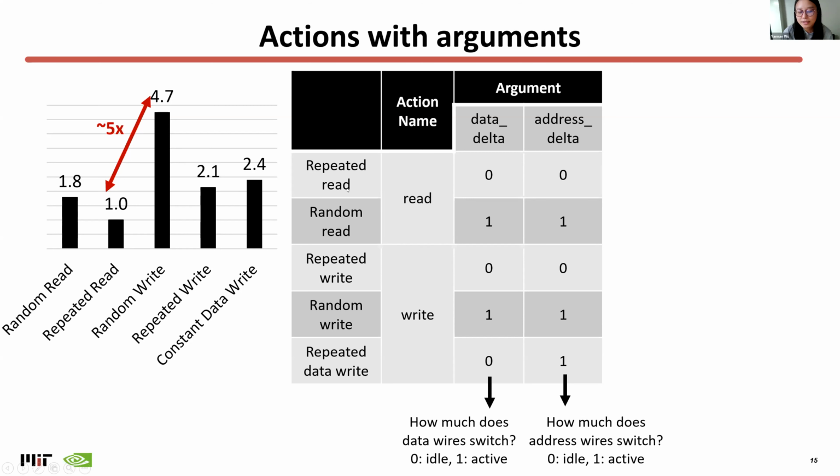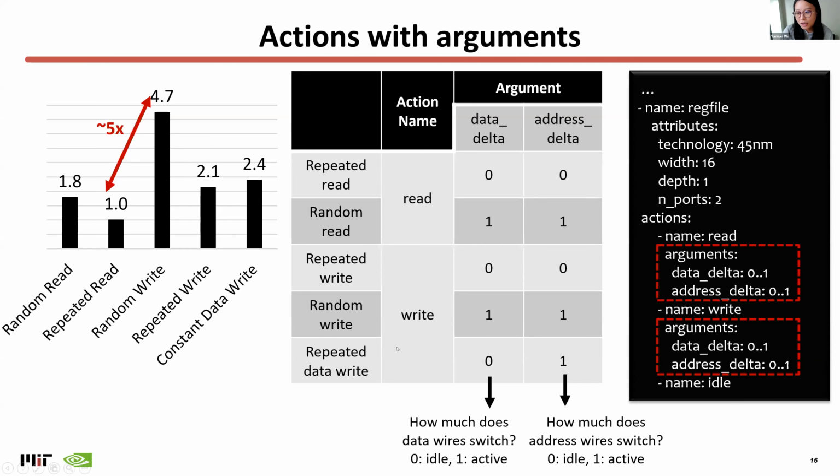And for random read, we could define it as having a 1 for data delta because the data is random, and a 1 for address delta because the address is random. And you can imagine that we could have a range not just from 0 to 1. We could have, for example, for a number of destinations of a network, a range from 0 to 100. And similarly for action write, we could specify the arguments to represent all these fine-grained actions that we can classify out of the write.